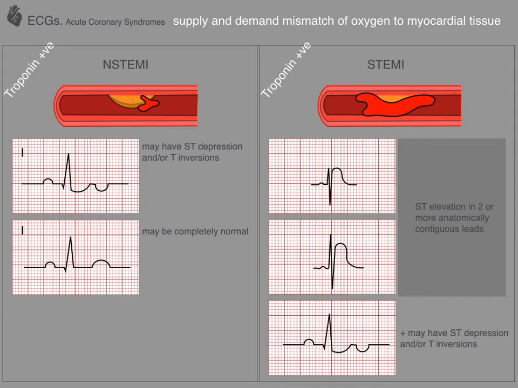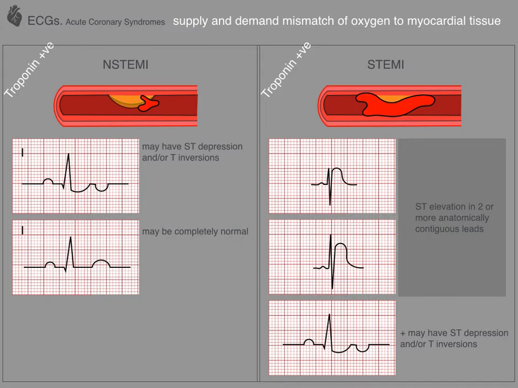In contrast, a STEMI, by definition, will always have abnormal ECG changes. Specifically, there will be ST elevation in 2 or more anatomically contiguous leads. You then may also see ST depressions or T-wave inversions in other leads, which we term reciprocal changes.